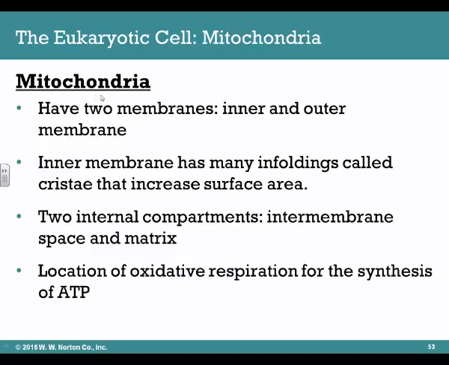So this is what we have learned in previous classes as the powerhouse of the cell. It's where energy in the form of ATP is made because it's the location of oxidative respiration and the electron transport chain and the proton motive force that is required for the synthesis of ATP from ADP.